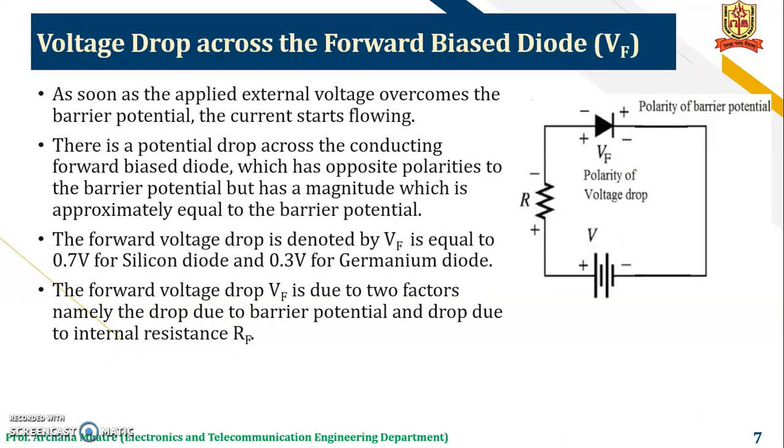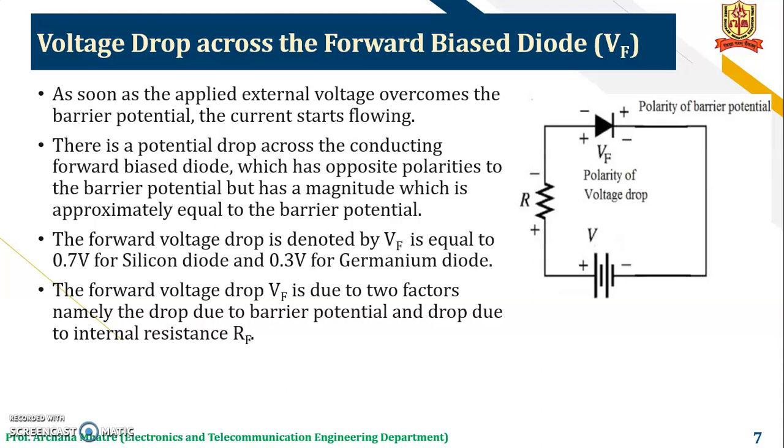Now next, the voltage drop across the forward bias diode, that is VF. As soon as the applied external voltage overcomes the barrier potential, the current starts flowing. There is a potential drop across the conducting forward bias diode, which has opposite polarity to the barrier potential but has a magnitude approximately equal to the barrier potential.